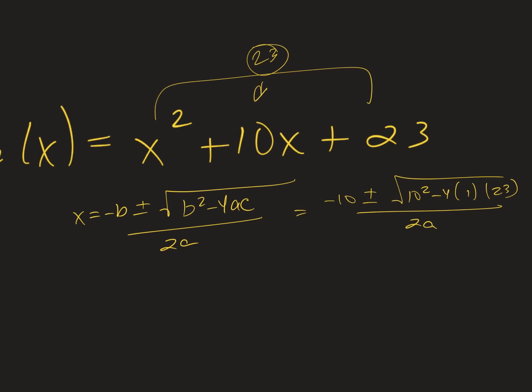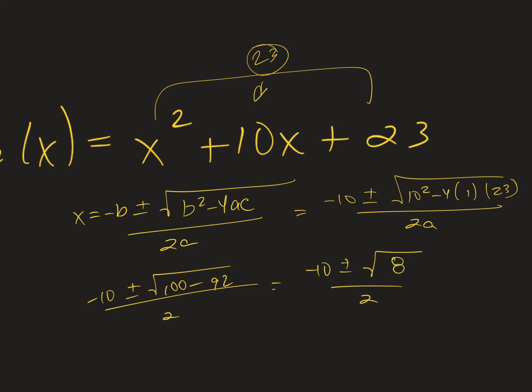So if we keep simplifying, we have negative 10 plus minus, what's 10 squared? 100 minus, what's 23 times 4? 92. Okay. Divide by 2. Let's keep simplifying. So negative 10 plus minus, what's 100 minus 92? 8 divided by 2. Okay.